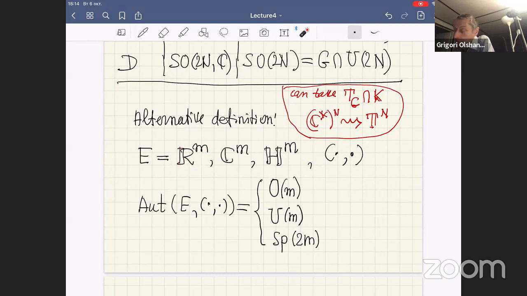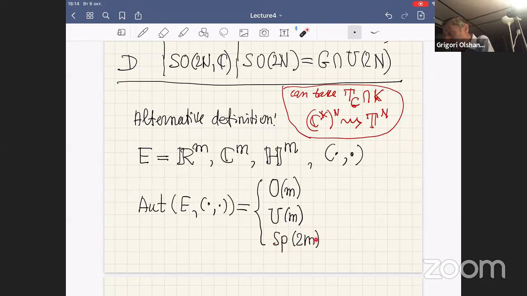Take the group of isometries of this finite dimensional Hilbert space over these fields. The group of isometries is the orthogonal group, the unitary group, or the symplectic group.